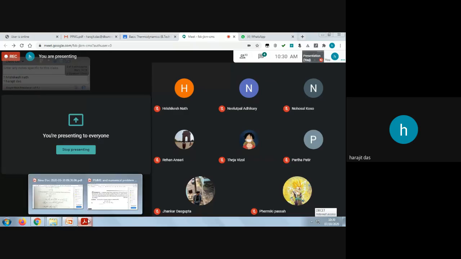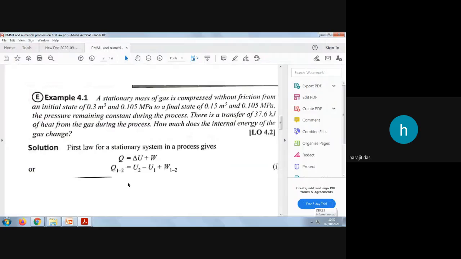So let's take that example. The language of any problem may be somewhat lengthy, but the things are simple. Just read the question. A stationary mass of gas is compressed without friction from an initial state of 0.3 meter cube and 0.105 megapascal to a final state of 0.15 meter cube and 0.105 megapascal.